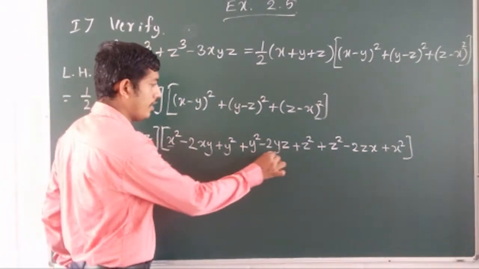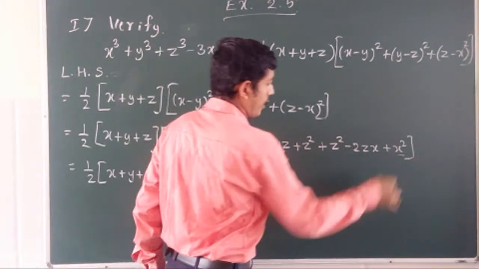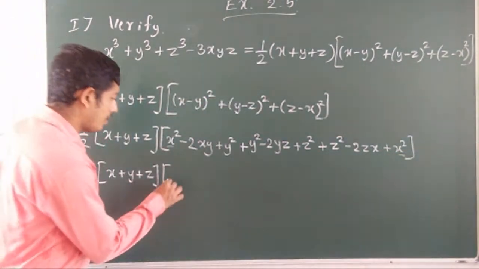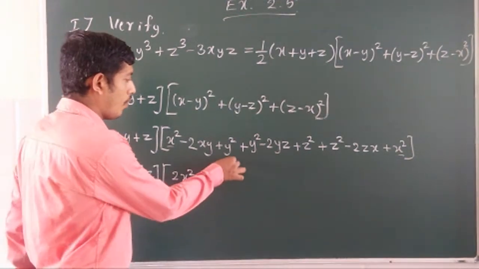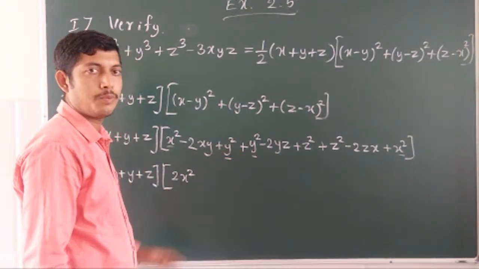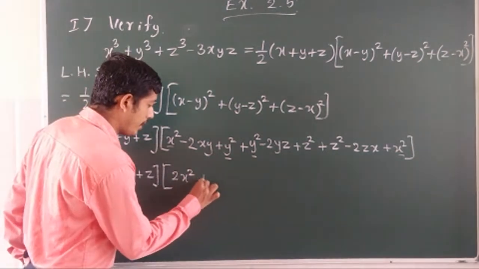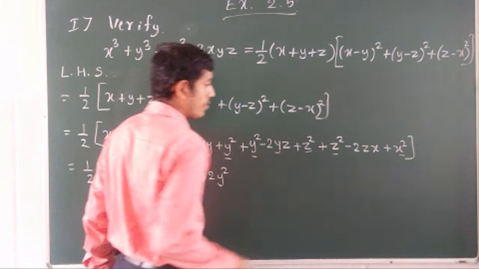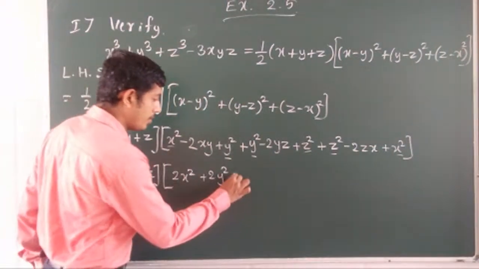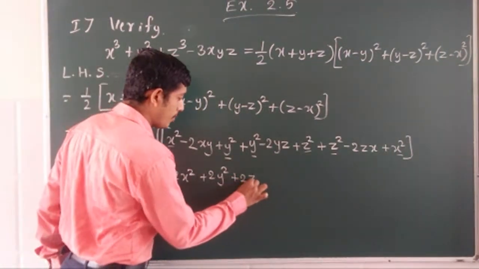Now we'll simplify this. It becomes 1 by 2 into (x plus y plus z) into, here x square is present twice, both having positive sign, therefore it becomes 2 times x square. Then y square, both positive, therefore we add, it becomes 2y square. Then z square, both positive, therefore it becomes 2 times z square.